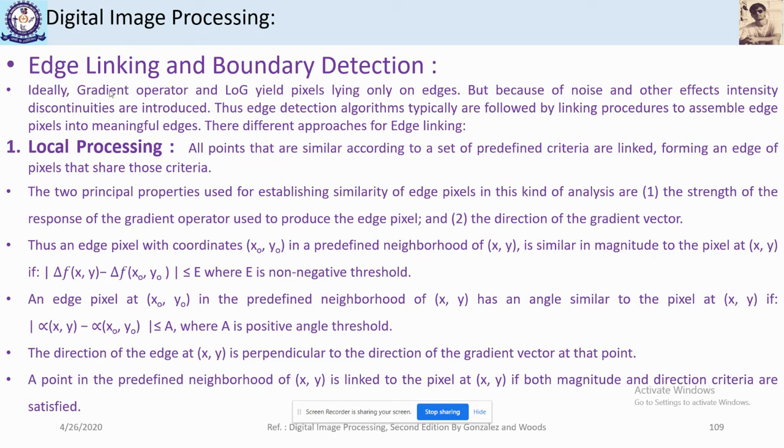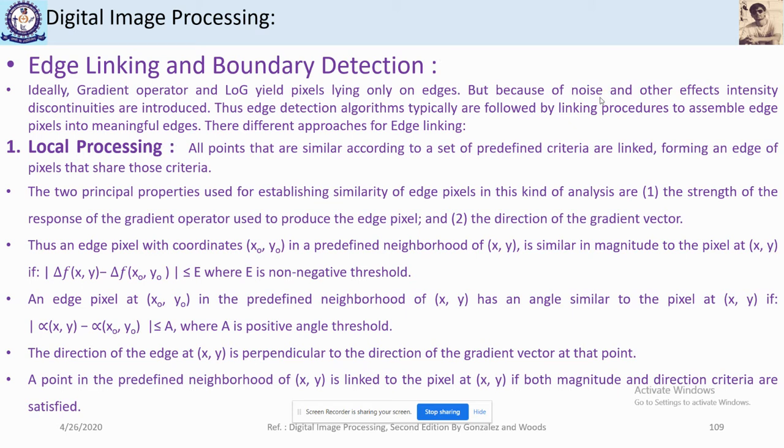So to avoid these discontinuities in the intensity, what is done? We use edge linking. Thus, edge detection algorithms typically are followed by linking procedures to assemble edge pixels into meaningful edges.